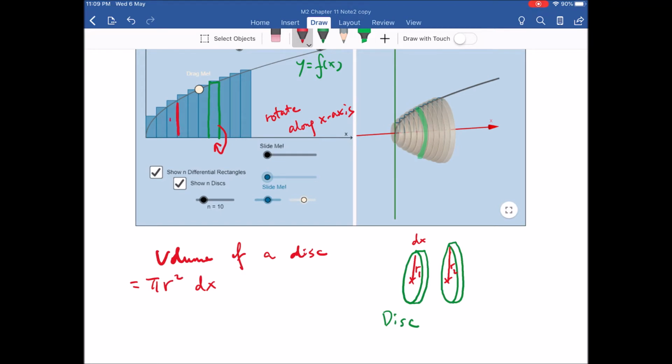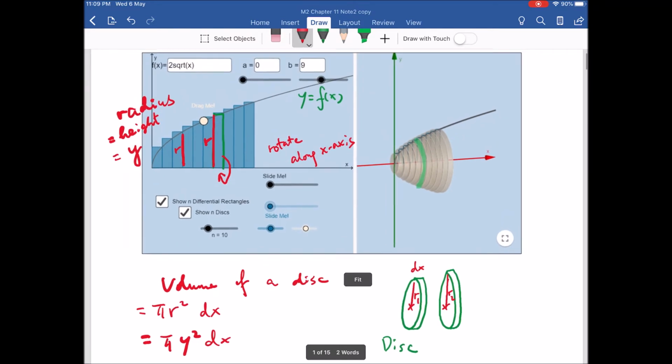Actually, the radius is the height, that is y. So I call it pi y squared dx.